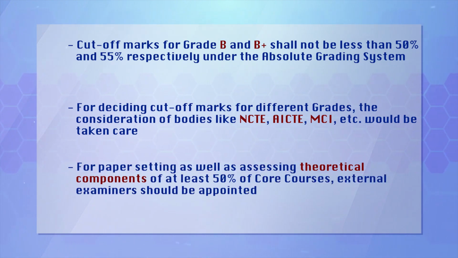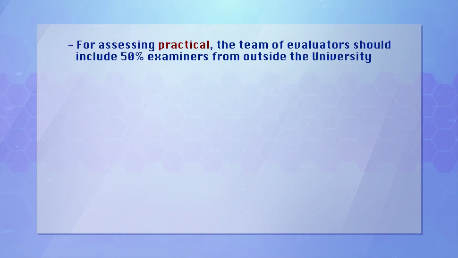CBCS states that for paper setting as well as assessing theoretical components of at least 50% of core courses, external examiners should be appointed. For assessing practicals, the team of evaluators should include 50% examiners from outside the university or institution.